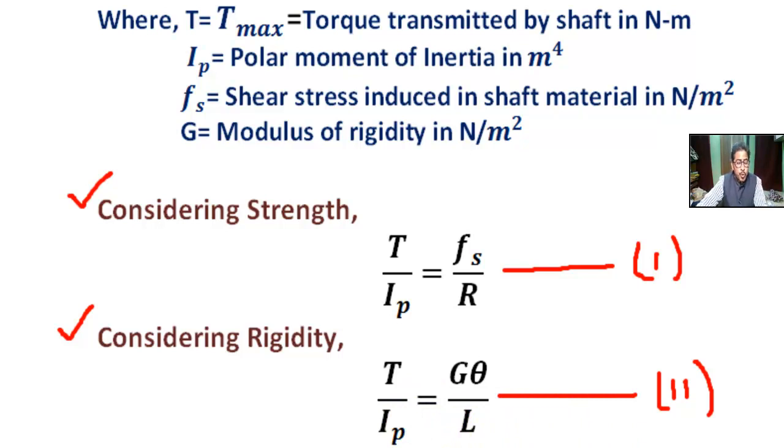Now, the suitable diameter for the shaft must be the larger value of D comparing the values obtained from equation 1 and equation 2.